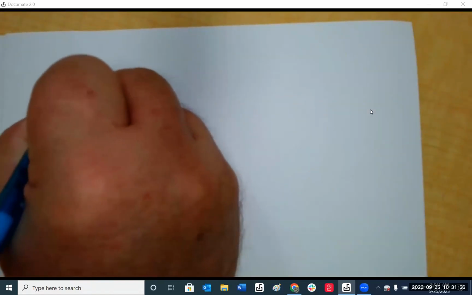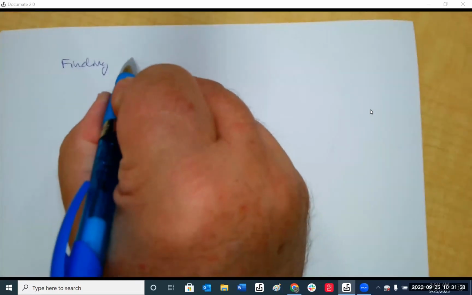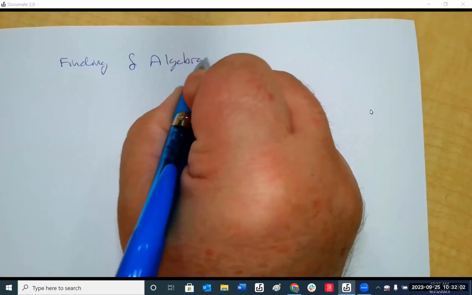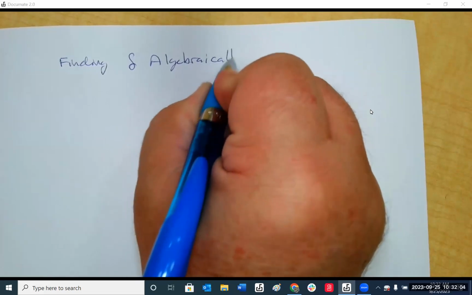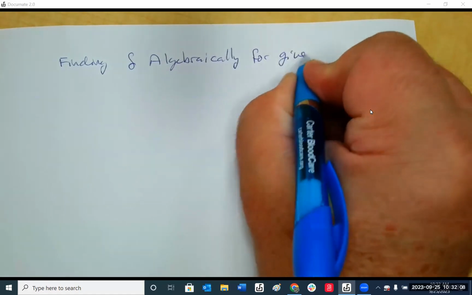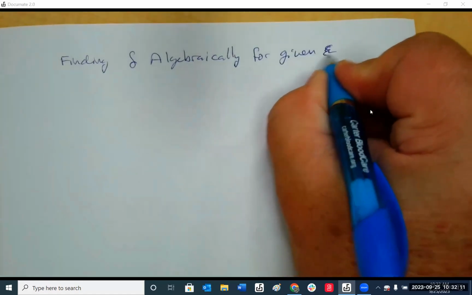Let's look at finding deltas algebraically for given epsilons.